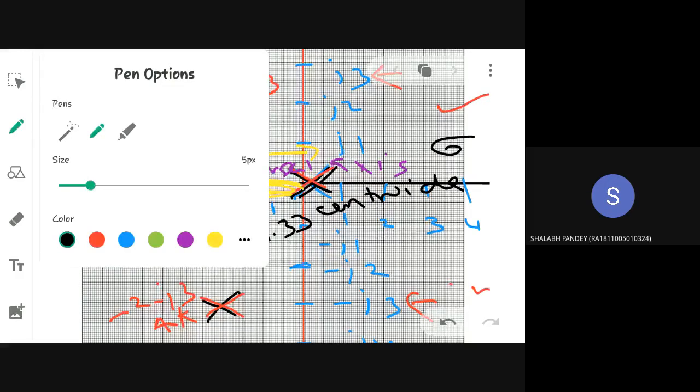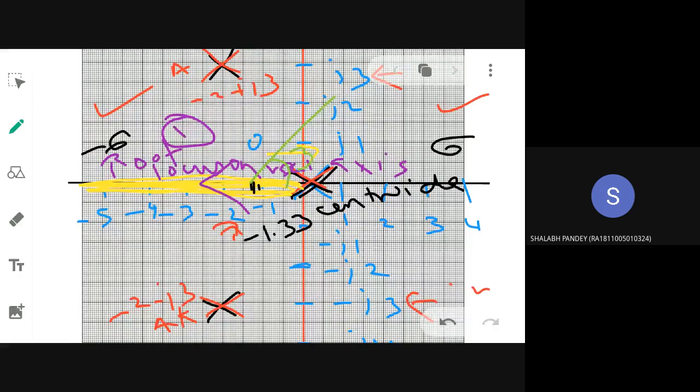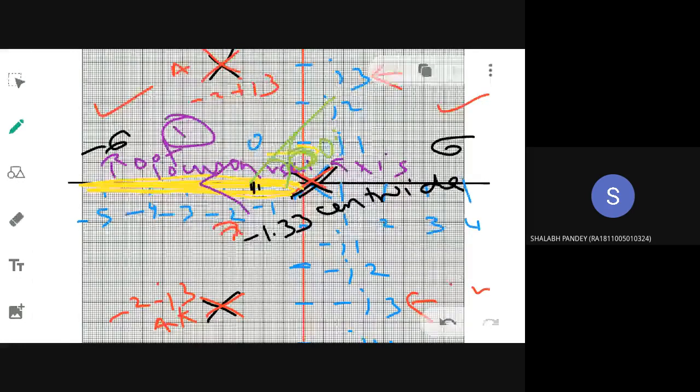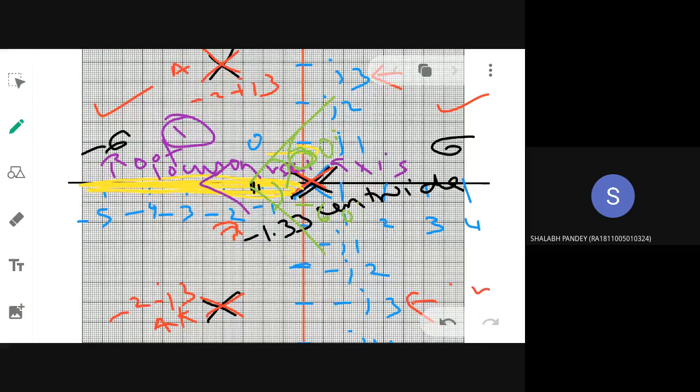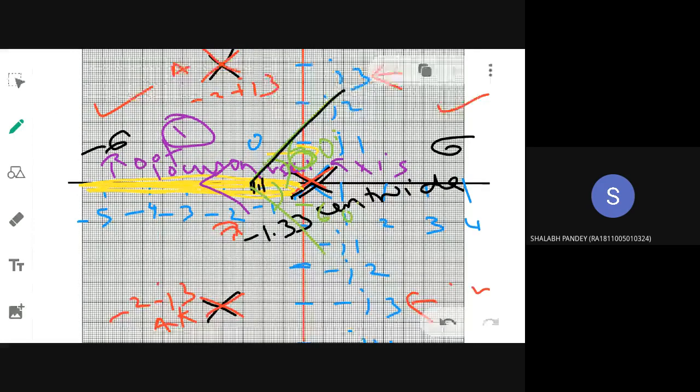So using your compass, roughly you take 60 degrees here, and in the opposite direction you have to mark minus 60. That you do in your graph sheet. At that centroid point only you have to mark that angle. This is my centroid point. Just mark angle 60 degrees, then draw an asymptote. Then mark minus 60, then draw an asymptote line.